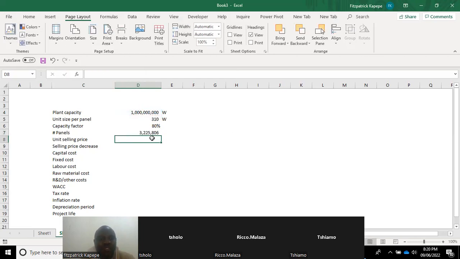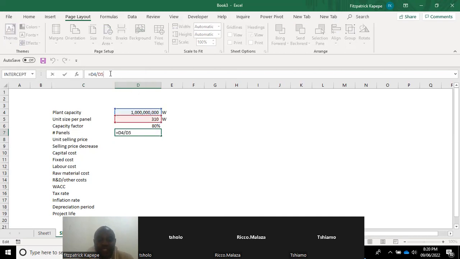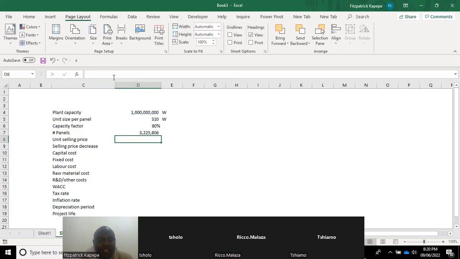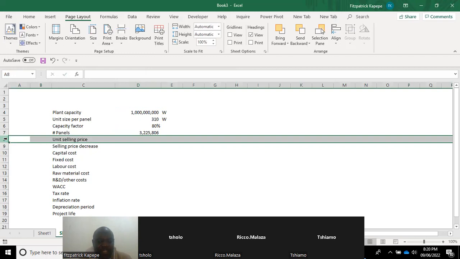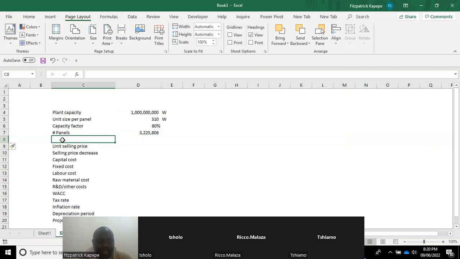Then we have 3.2 as number of panels. But then we are told that the capacity factor is 80%. If I want, I can leave it like this. Then I can bring in another thing that actually factors in the capacity factor.